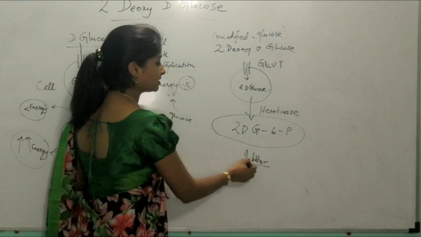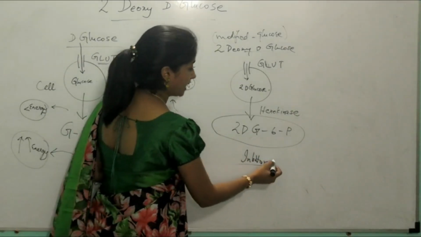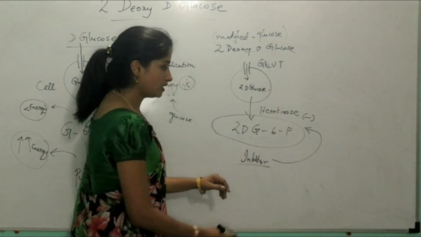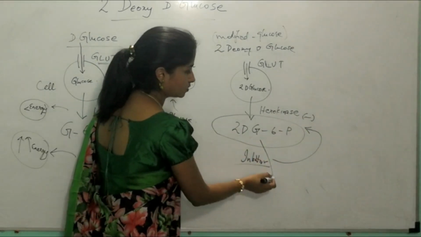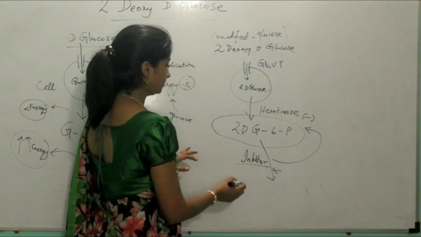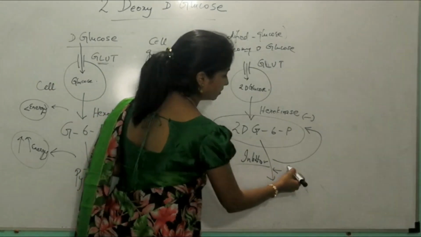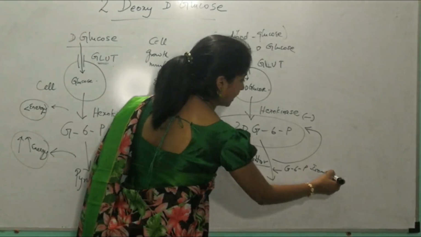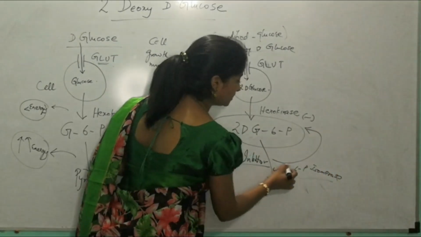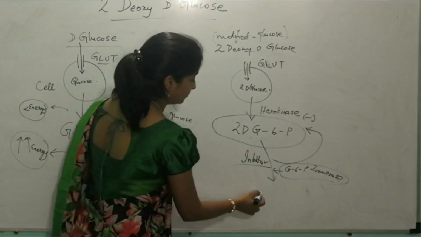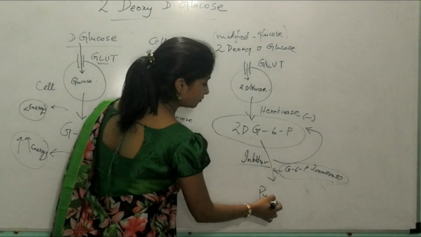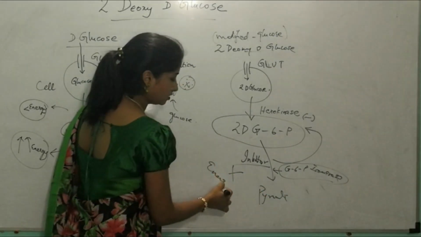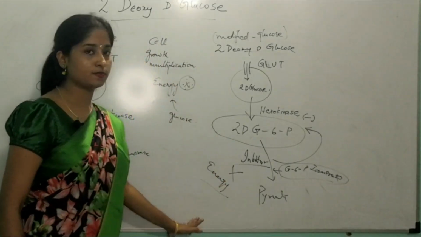So this acts as an inhibitor for the enzyme hexokinase, as well as this product is going to inhibit the enzyme glucose 6-phosphate isomerase, and hence since it is blocking this enzyme also, there will be no pyruvate formation, as no energy is derived with this pathway.